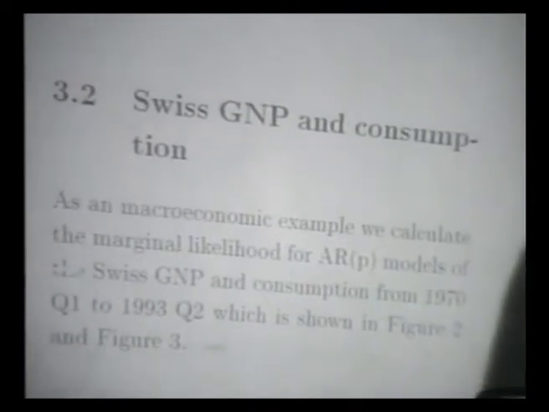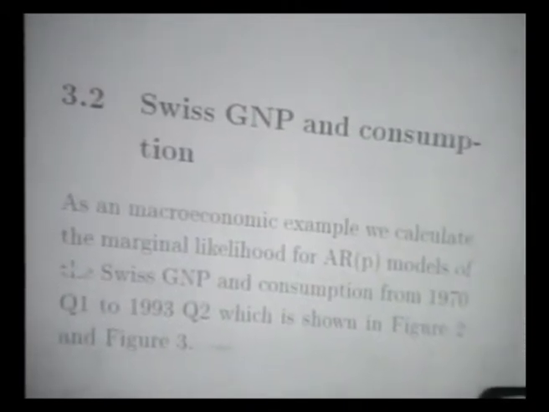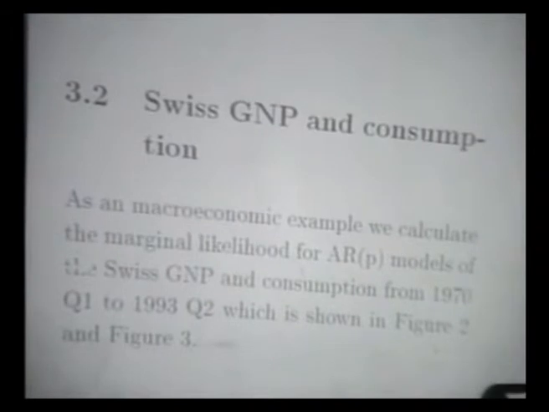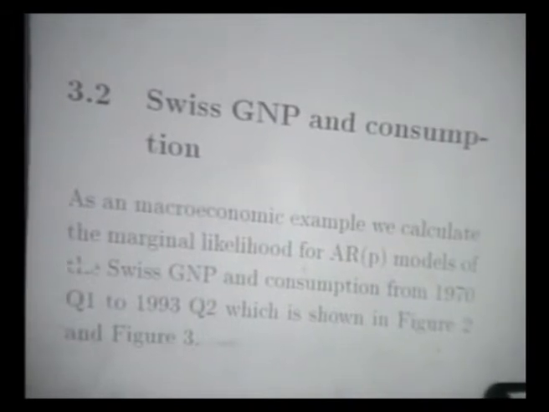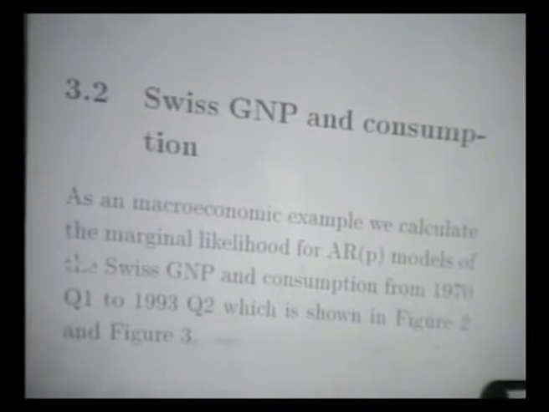So that's what we do here, and now we want to know how this applies to our data set that I showed you before, the Swiss GDP and consumption between 1970 and 93. That's when we had the data available.